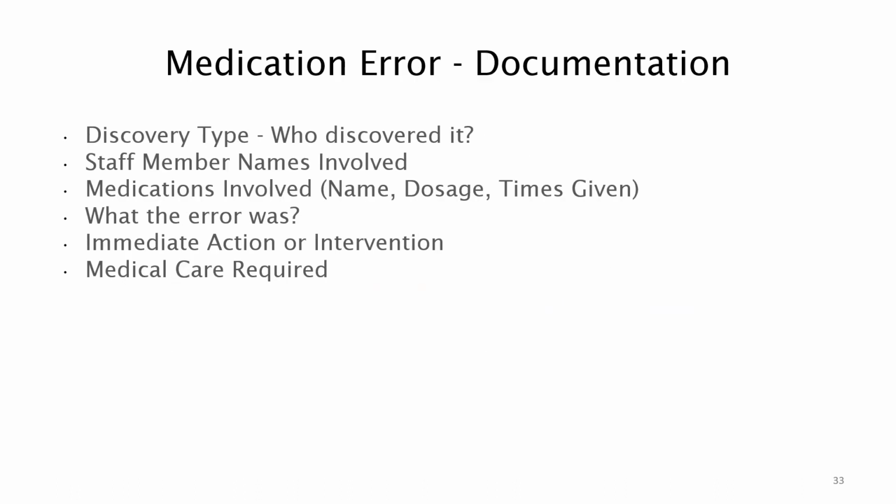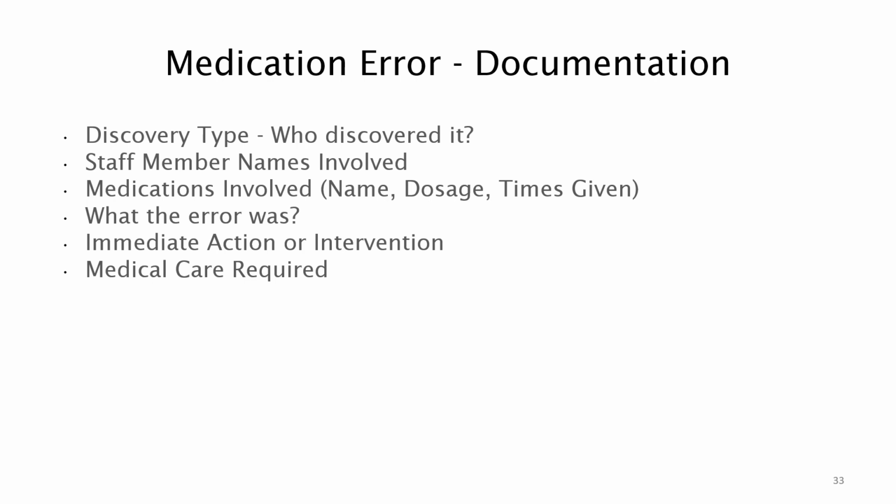Documentation. This is a documentation of the medication error. You need to document who discovered it, the patient or the staff members that are involved, the medications that were involved, name, dosage, times that it was given, and what the error was: a wrong person error, a wrong time error.